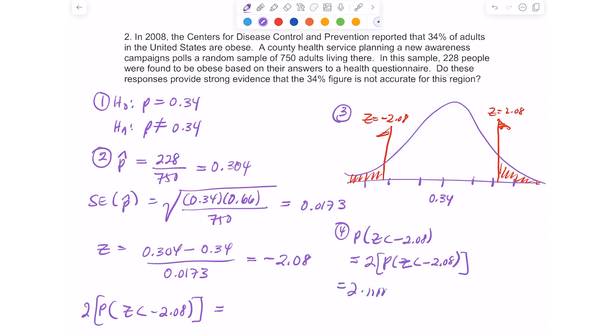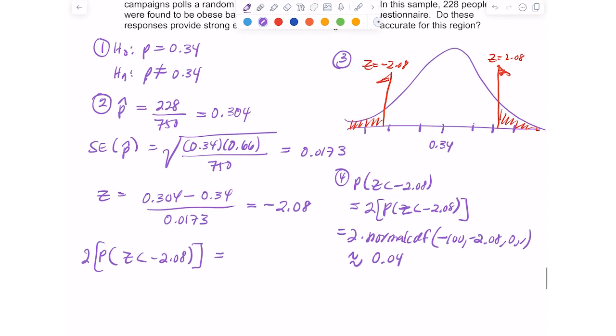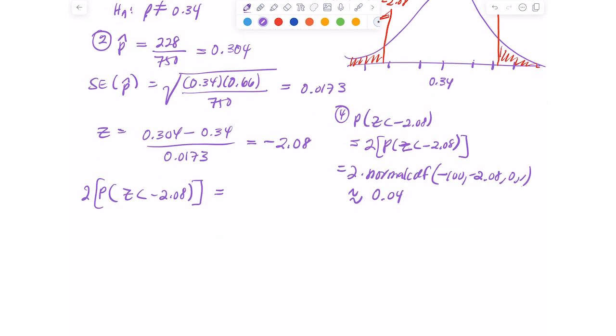Remember to do normal CDF. My lower bound in this case, since I'm looking at the left of negative 2.08, is going to be negative 100. My upper bound is negative 2.08, and my mean and standard deviation are 0 and 1. And when you calculate that, you end up with 0.04, which is right on the cusp of being less than 0.05.